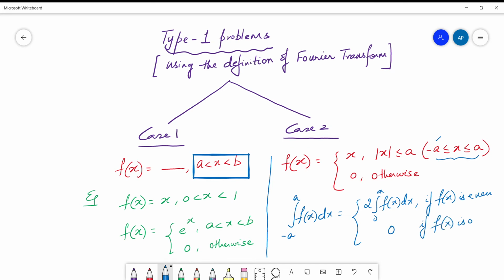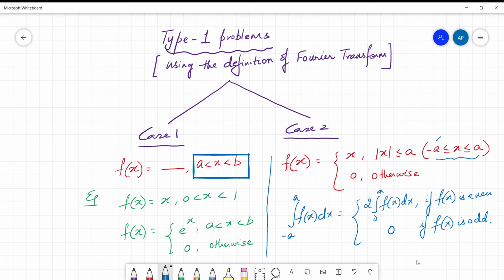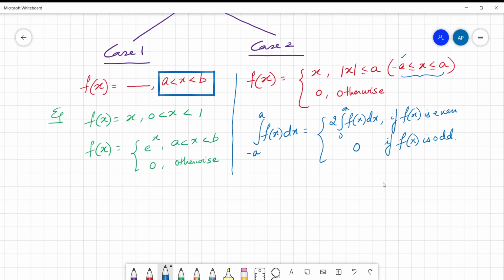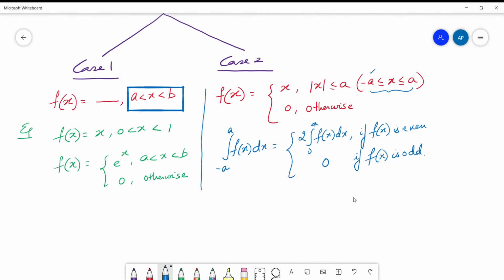So when the interval given in the function is from minus a to a, I would like to redo the problem. Instead of using the direct definition, I would like to use this property and simplify it. I feel that comparatively the simplification would be easier, and thereby using it further to find the inverse transform would be much easier in the method that I would be applying to solve case 2.